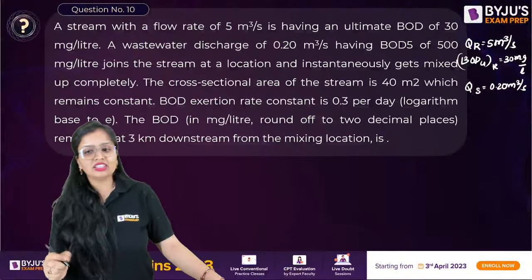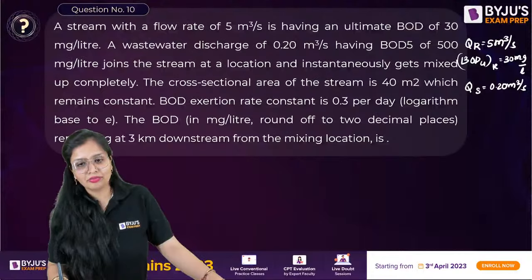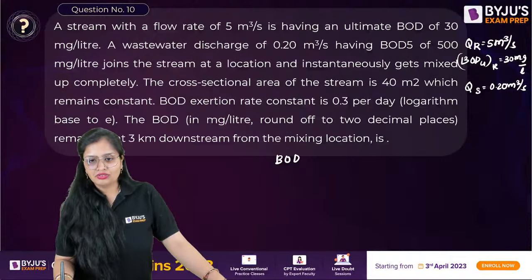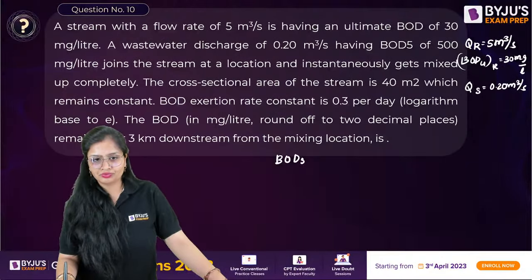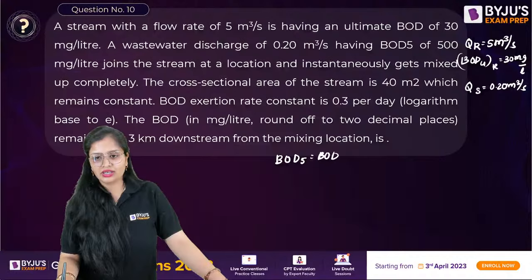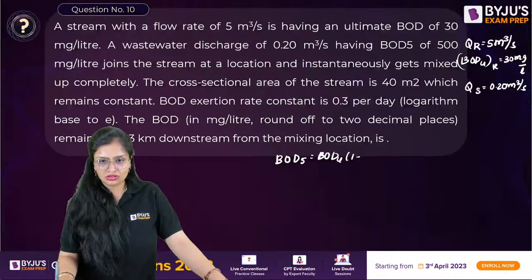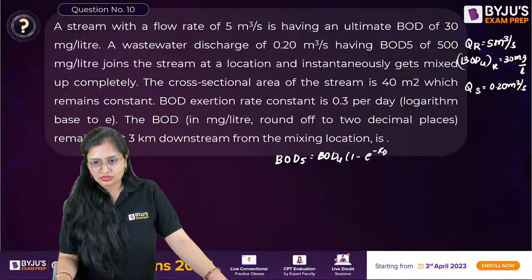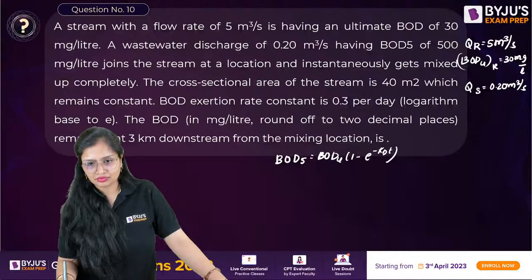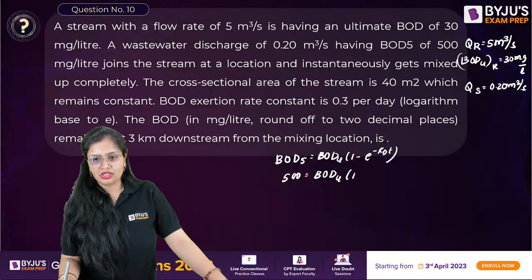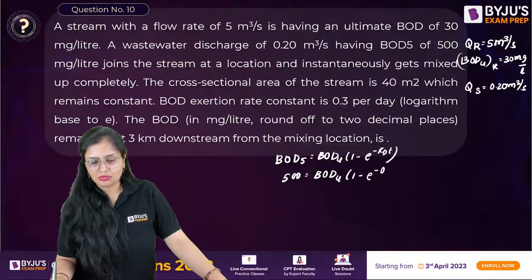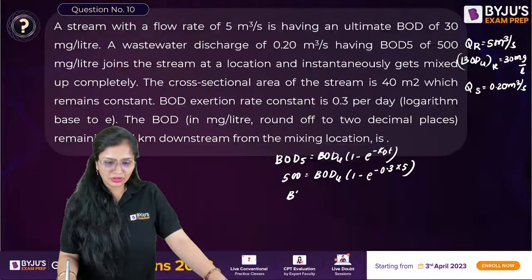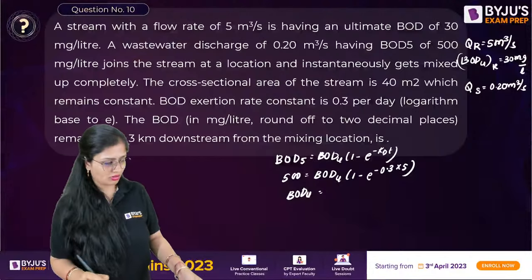So since 5 days BOD is given, first you will calculate BOD ultimate. So BOD 5 days is given to you. So first calculate BOD ultimate. BOD ultimate, 0.3, this is 5 days. How much is BOD ultimate coming?